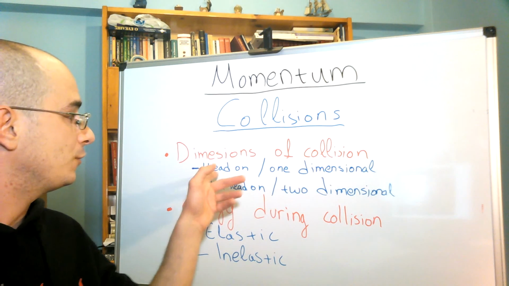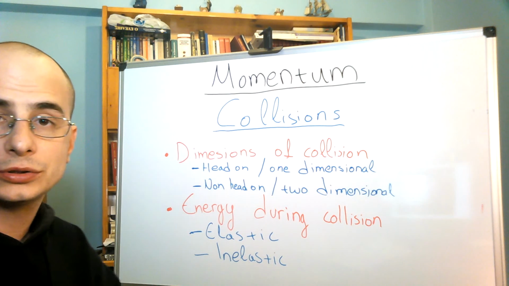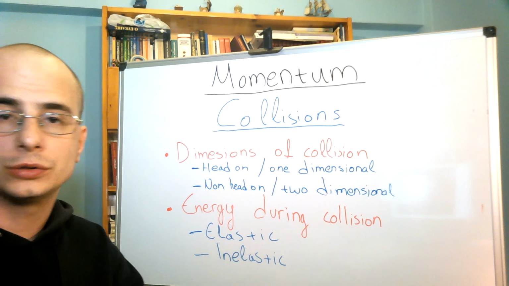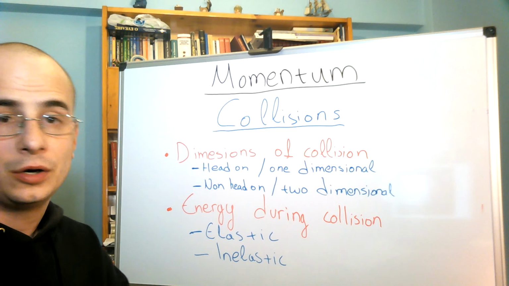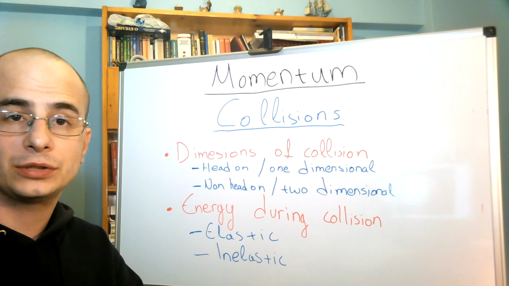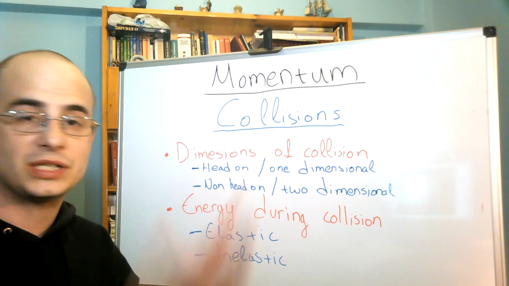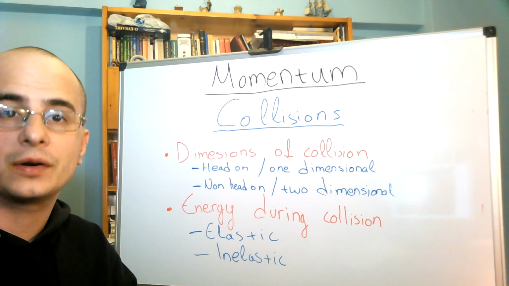We have head-on or one-dimensional collisions, and non-head-on or two-dimensional collisions. In the first, the speeds of the particles are just on one axis, and in non-head-on collisions they are on two axes.